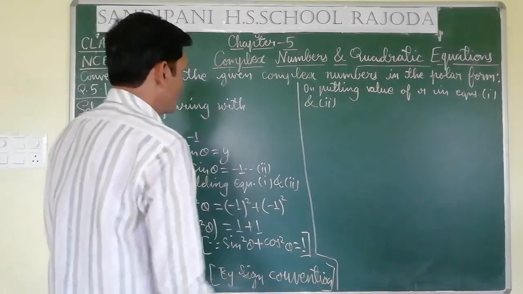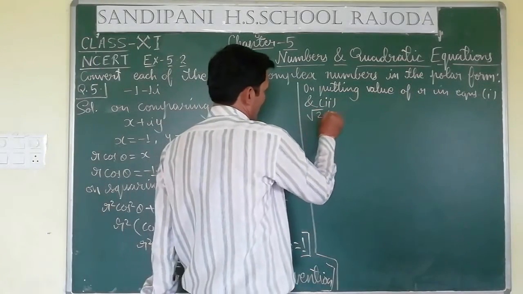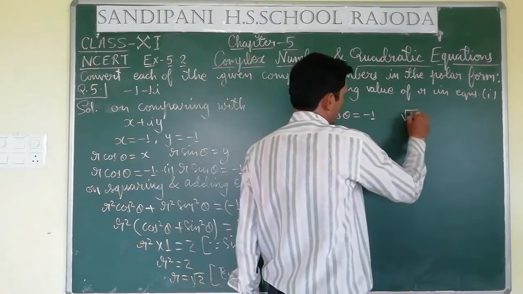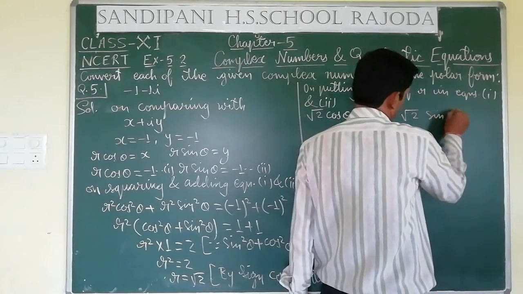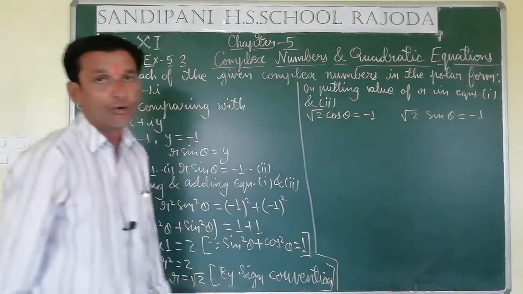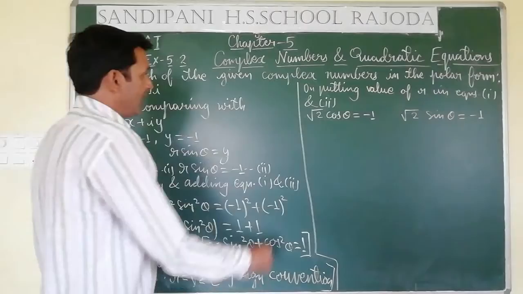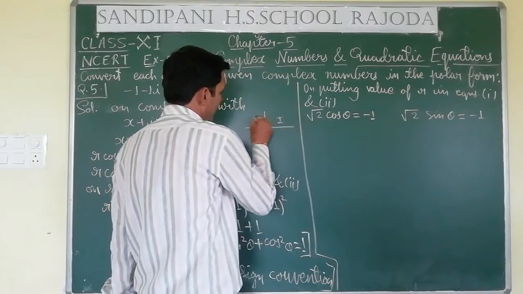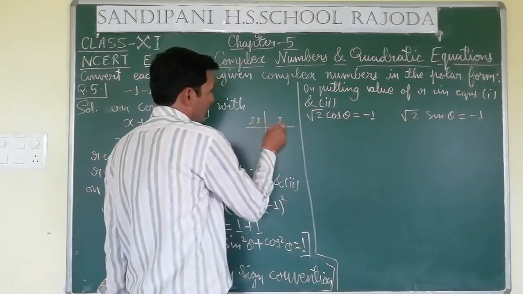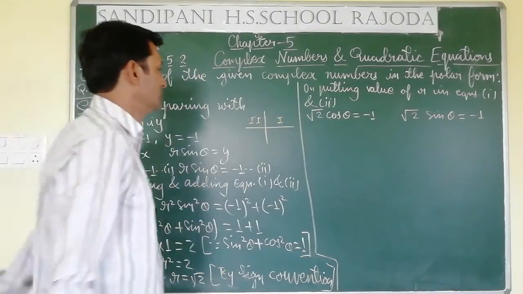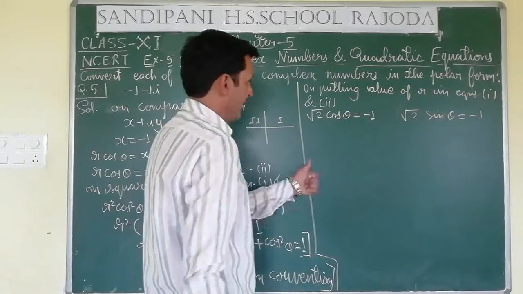We will get √2 cos theta is equal to -1 and √2 sin theta is also equal to -1. Now I have told you that we have to bring the answer up to second quadrant, means in first quadrant and in second quadrant only we have to bring the answers here for theta. So first and second quadrants are only allowed.